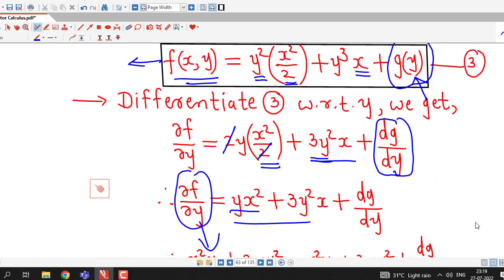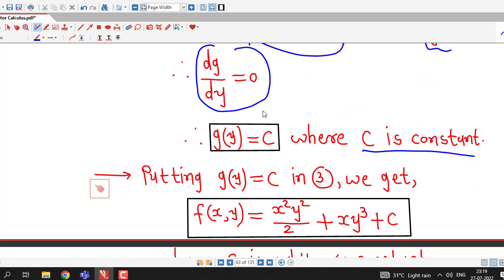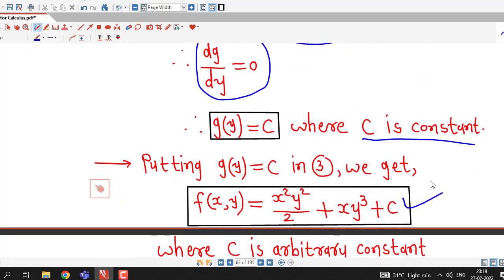And finally we put the value of g in equation 3, and we will have our potential function f of xy equal to x square y square by 2 plus xy cube plus c. And once we have the potential function, we can decide the value of the given line integral. The given line integral is a line integral between these 2 points.